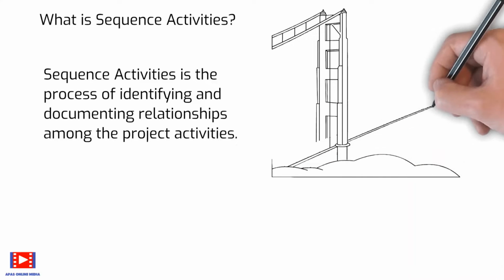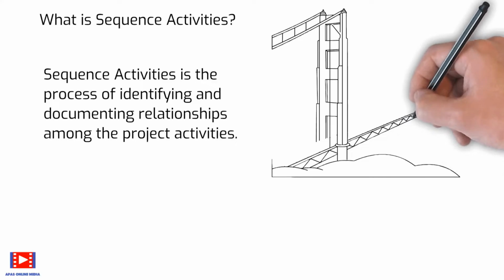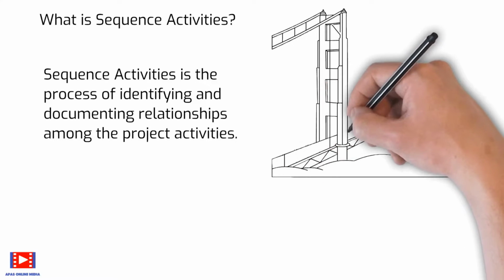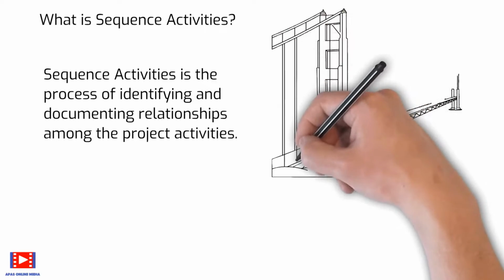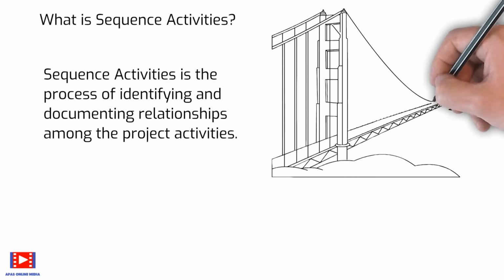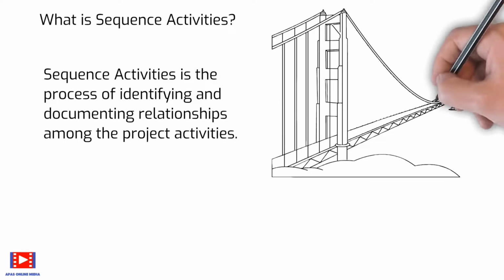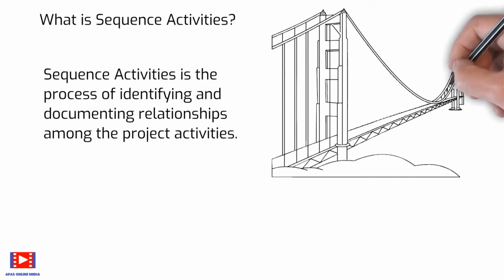predecessor with a finish to start or start to start logical relationship and at least one successor with a finish to start or finish to finish logical relationship. Logical relationships should be designed to create a realistic project schedule.